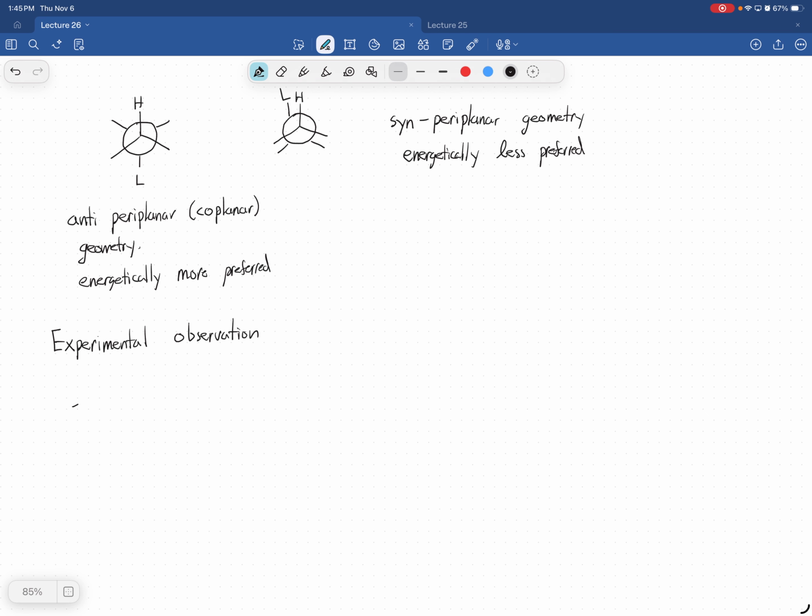So let's draw a sawhorse projection. So I'm going to draw a sawhorse projection like this. And then draw the front carbon like this. So it's H. Boom. And then the Br is sticking up. Okay? All right. So we have this conformation or this conformation.